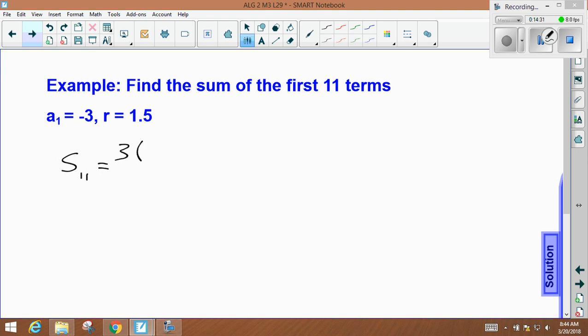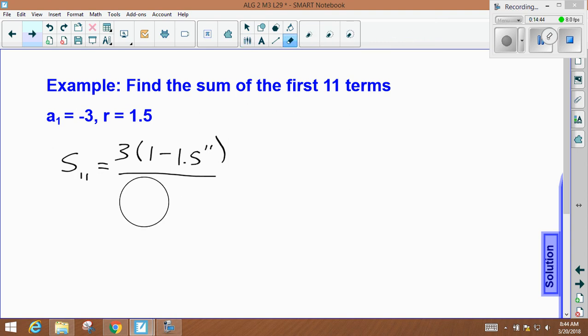And I could go 3 times 1 minus 1.5 to the 11th power divided by 1 minus, not negative 1, 1 minus 1.5. We can put that into our handy dandy calculators.